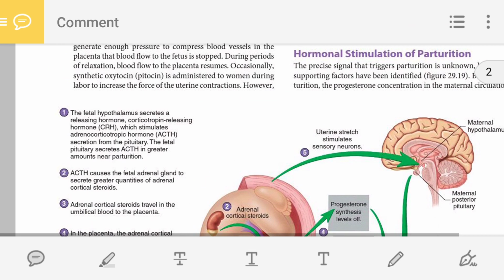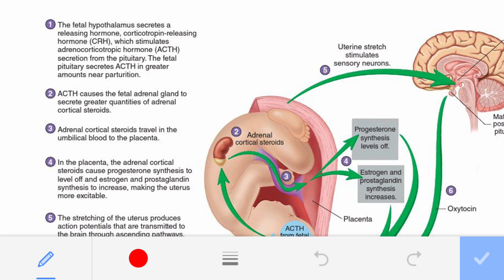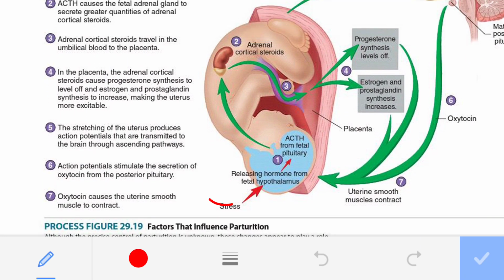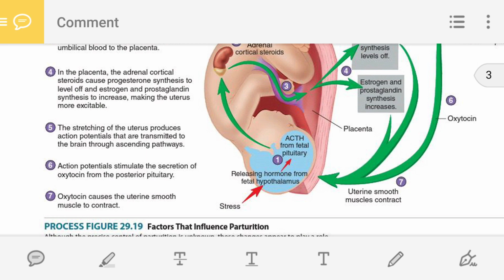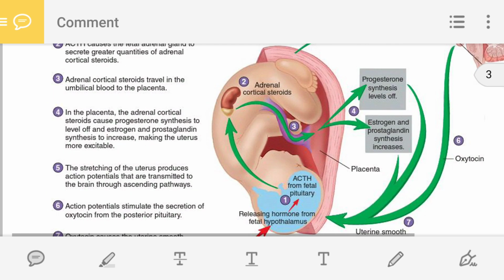Now, as the nerve impulse reaches the hypothalamus, the fetal hypothalamus secretes a releasing hormone known as corticotropin-releasing hormone. Here, as you can see, due to the stress, the fetal hypothalamus is secreting this releasing hormone, and it acts on the pituitary gland.